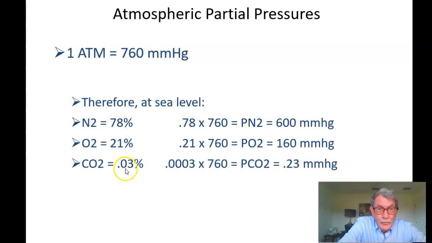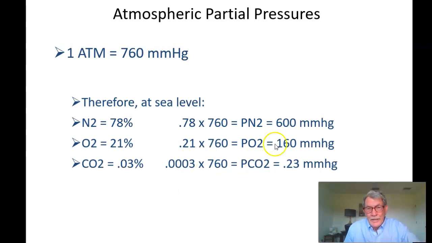Carbon dioxide is only about 0.03%. So physiologically, it's 0. Physiologically, there's no CO2 in the atmosphere. We make all the CO2 in our body through metabolism, and we blow out CO2, but the amount of CO2 in the atmosphere that supports our trees and eats the sphinx away, that kind of stuff, is actually a very tiny amount.